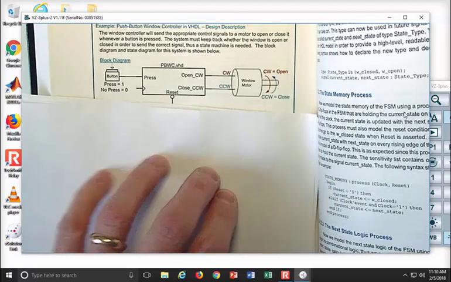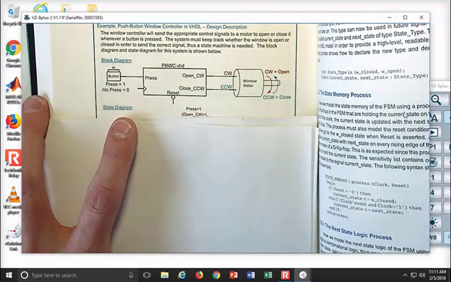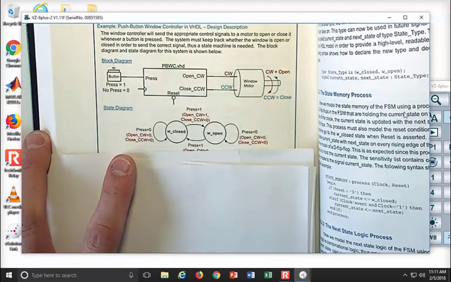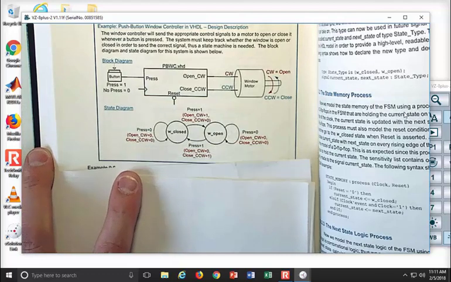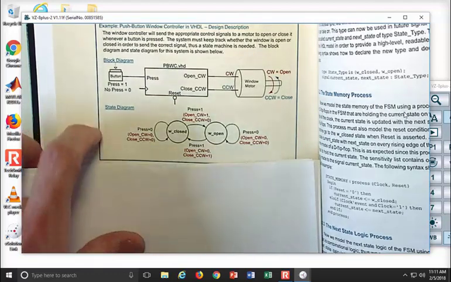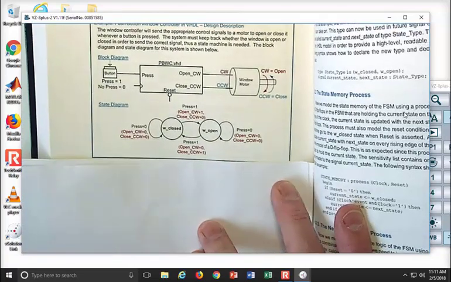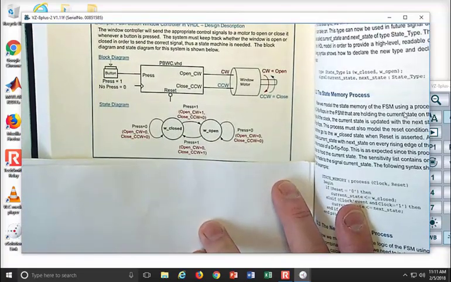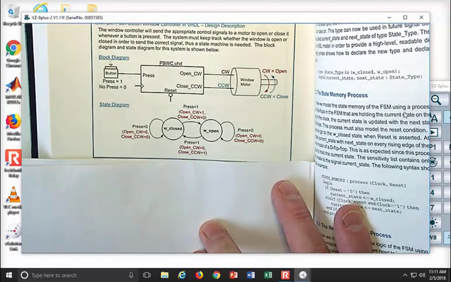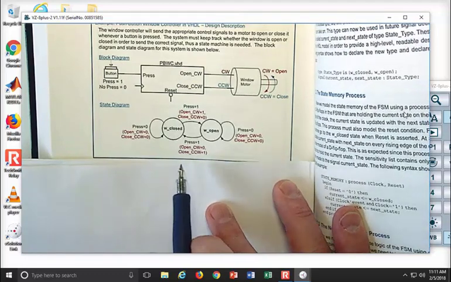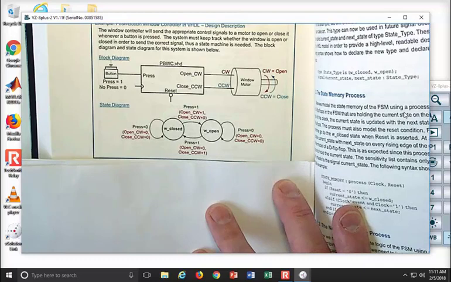All right, so the first thing that you do is you take your finite state machine and you break it down into a state diagram. And this is the classical approach. We're doing this to remind ourselves how we actually build up these things, because if you always remember how you build the finite state machine, it's easy to code the VHDL. So in this situation, we need 2 states.